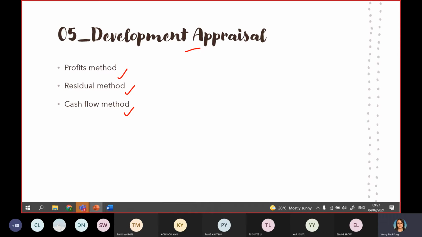So by doing the cash flow method, it gives you a better overview of how you spend your money. This I already tested you in your assignment. So you all, I would say, did quite okay, but there are a few mistakes that later on I will highlight. Okay, so this knowledge of development appraisal will carry forward to the subject integrated project as well.